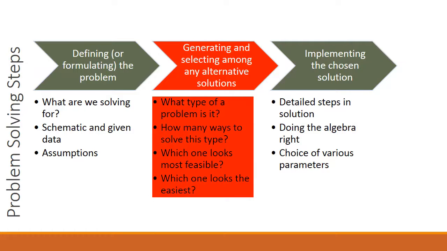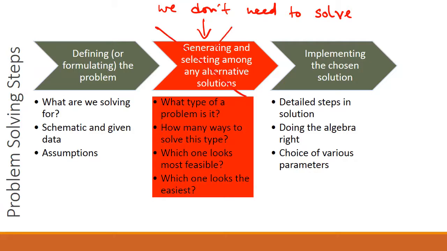Okay, the second step, we basically have nothing because the second step is normally looking for what are the different ways to solve. We have not been asked to solve.